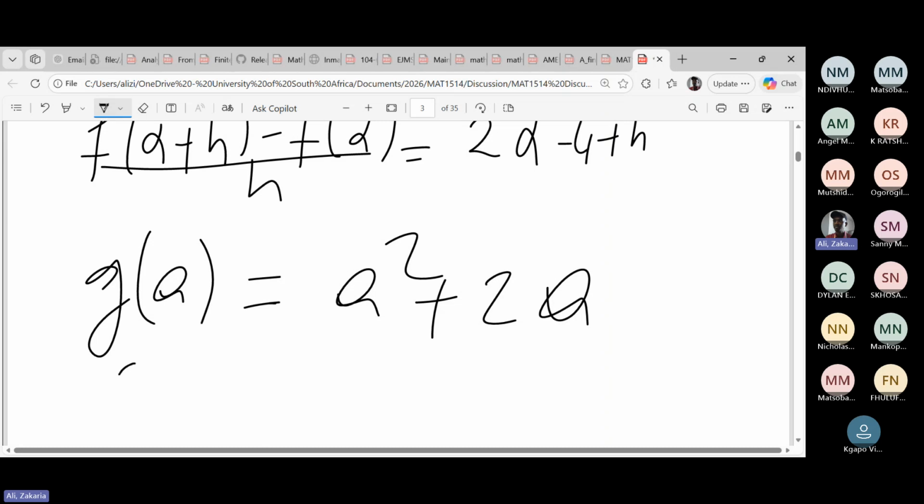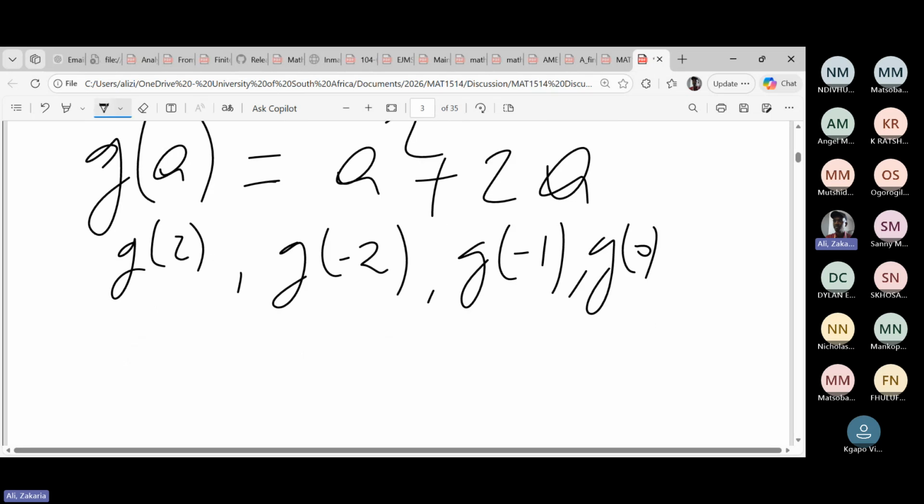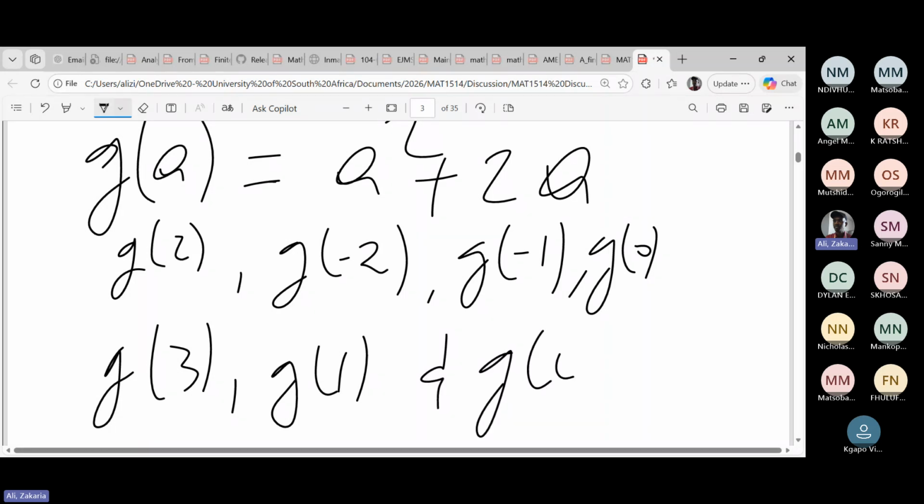For homework, I'm going to say evaluate g of 2, g of minus 2, g of minus 1, g of 0, and so on and so forth. You can also evaluate g of 3 and g of 1, and the last one, g of 4 or g of minus 4.